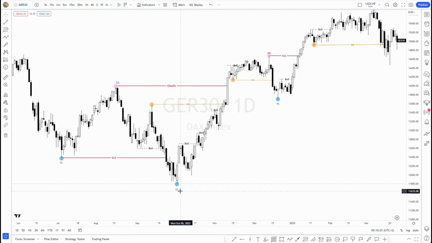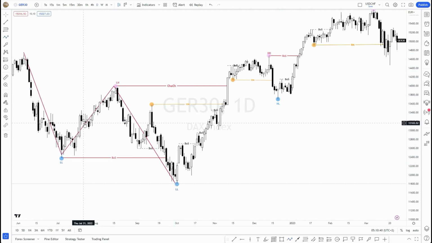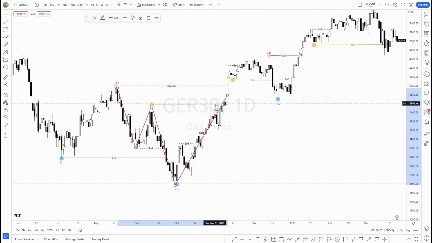This lower low was confirmed by the inducement to the upside because it was a downtrend. The major structure was a downtrend, and to confirm that lower low, you need to see the first pullback on the smaller time frame to be broken. And this break of structure on the minor structure confirms the last low became a lower low.